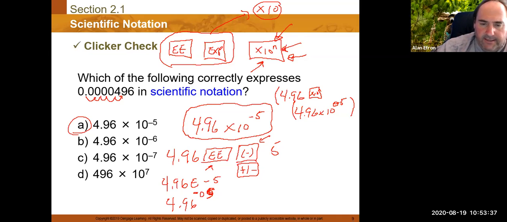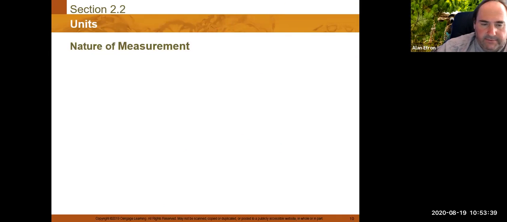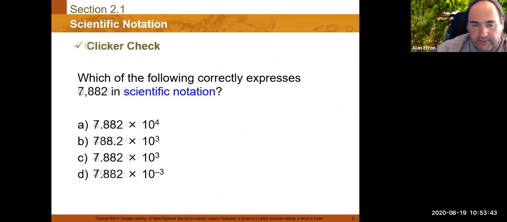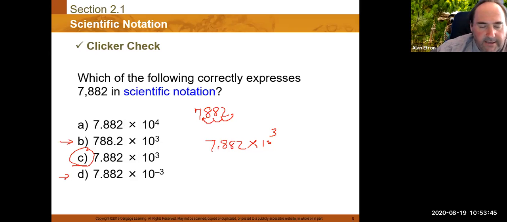So why don't we try some here? Let's take 7.85 times 10 to the -3 divided by 5.2 times 10 to the 12.